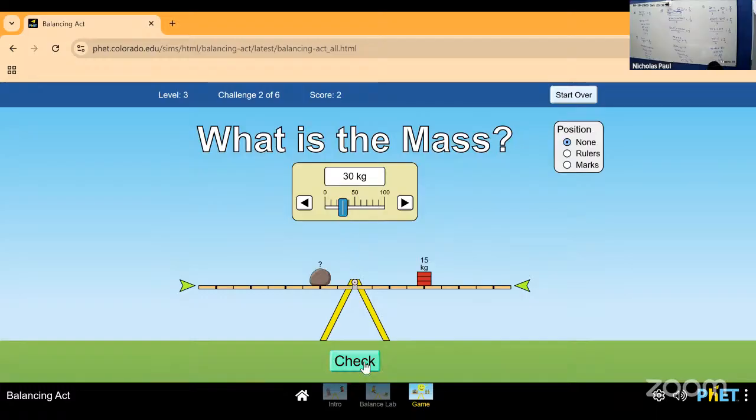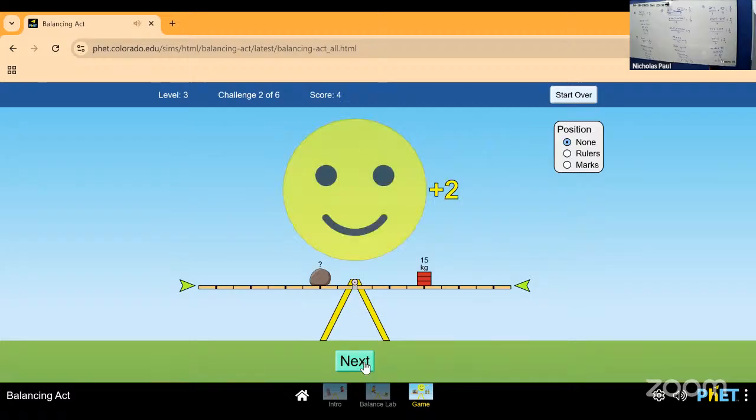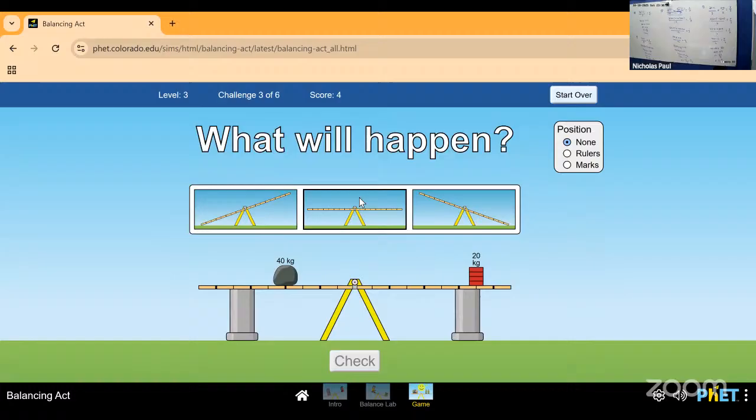Well, let's show it. Nice, well done. Right, because the mass should be double, right? What will happen next? Would it fall over, or will it stay level, or will it go to the right? Think about it there.